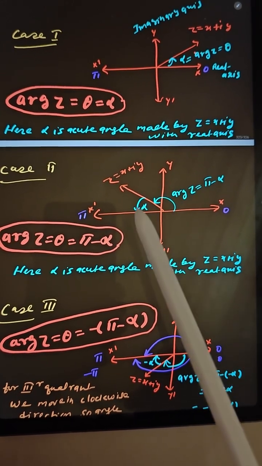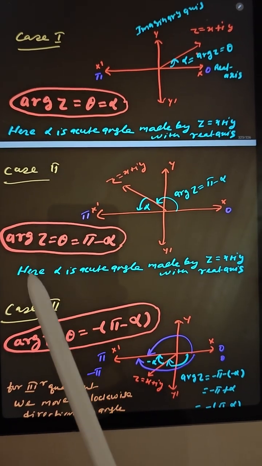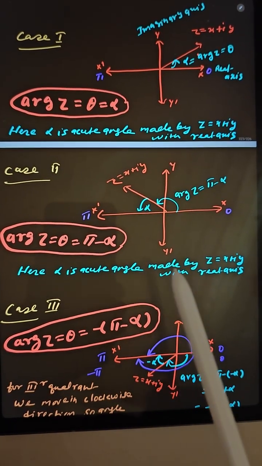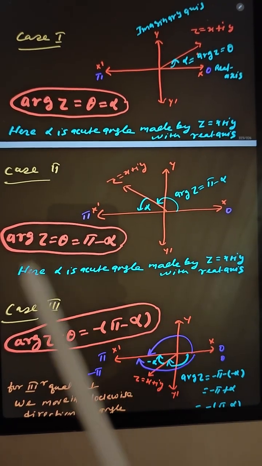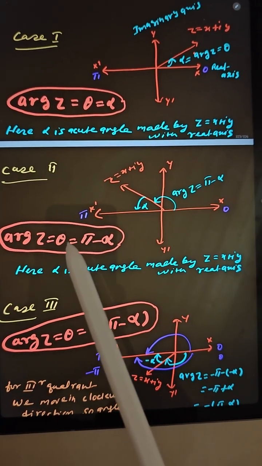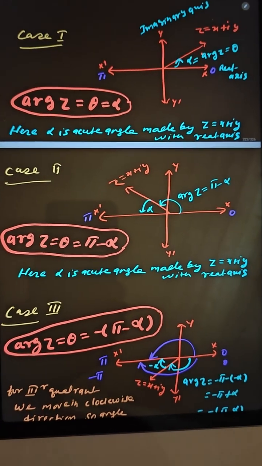This angle will naturally be pi minus alpha. So in the second quadrant, alpha is the acute angle made by this complex number x + iy with the real axis, and the argument of z, that is theta, will be pi minus alpha. I think it is clear.